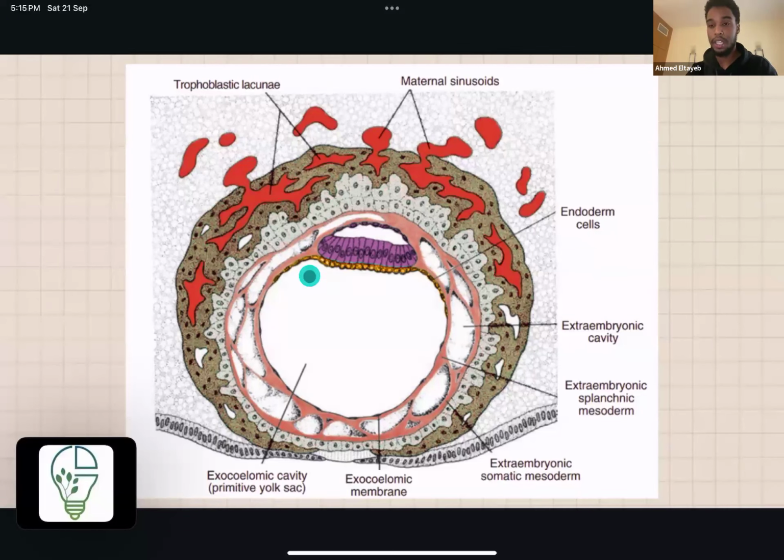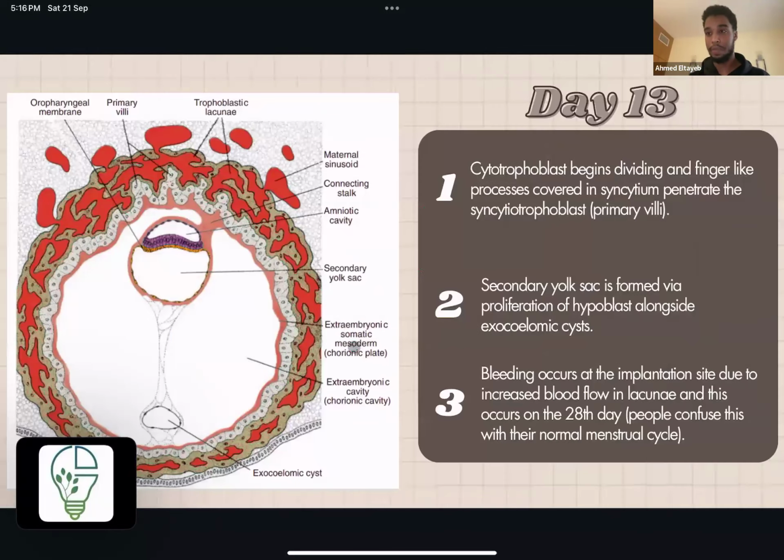So it makes sense that the extraembryonic splanchnic mesoderm is the inner layer. And the somatic mesoderm, you can see it's adjacent to the cytotrophoblast. The extraembryonic somatic mesoderm is the outer layer, okay? So inner, extraembryonic splanchnic, and outer, extraembryonic somatic mesoderm, okay? That's it for this slide.